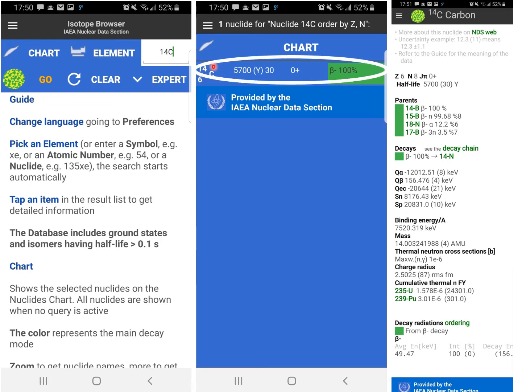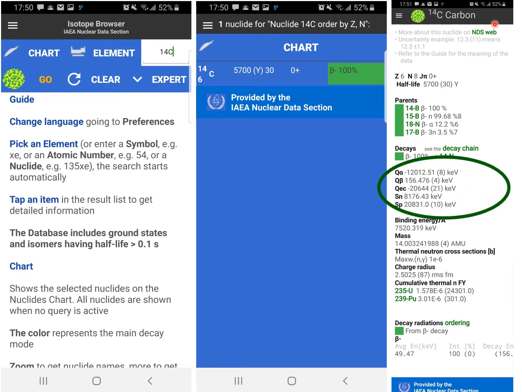Here would be the information: carbon-14, the half-life, the spin and parity, and the decay mode, followed by the percentage or any sort of branching ratios. You would select this, and it would bring you to the next page, where it would have the information on carbon-14: the references, the number of protons, neutrons, spin and parity, the half-life, the parents, the decays, and it gives you these Q values.